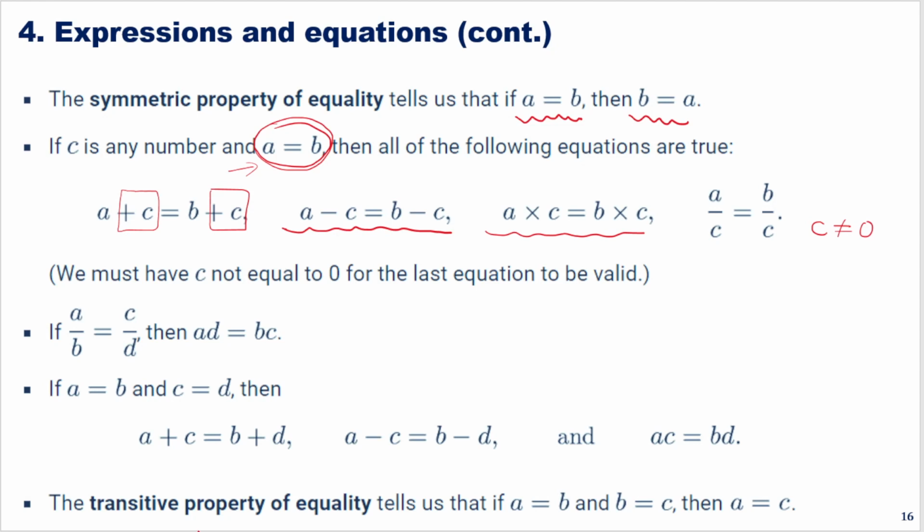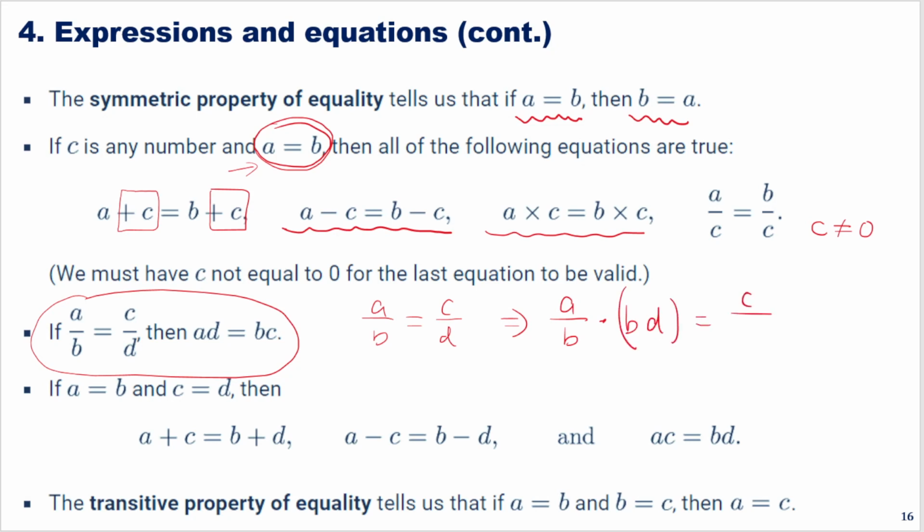And if we have a fraction A over B equals C over D, then we must have AD equals BC. Can you see why? Because if we have A over B equals C over D, we must have A over B times the number BD equals C over D times the number BD, right?